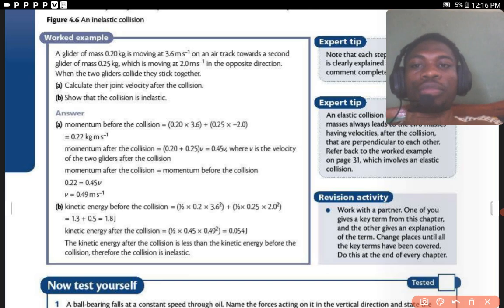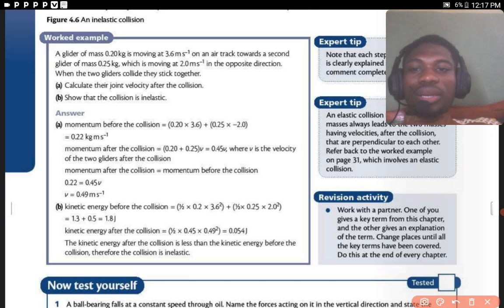So when you do this, you have to draw and illustrate what they have said. When the two gliders collide, they stick together. So after collision, when they stick together, it is a perfectly inelastic collision. Calculate their joint velocity after collision.